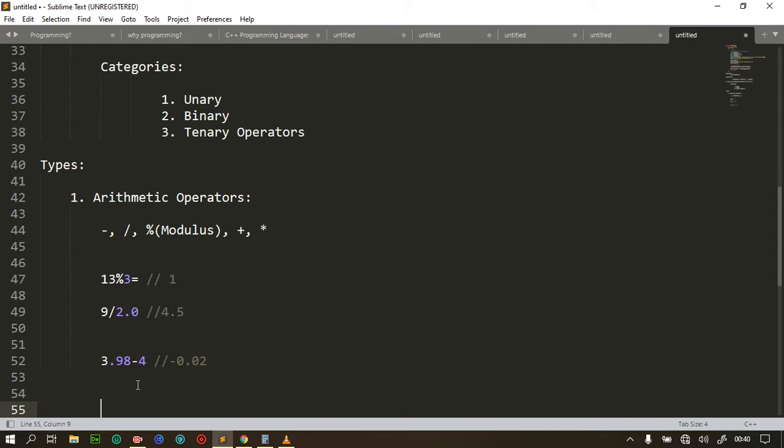Now, the things that we need to really understand: when it comes to the division, there is something you need to note.